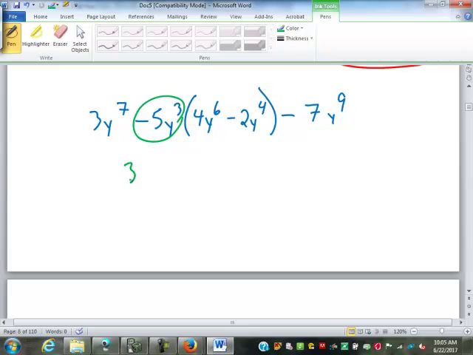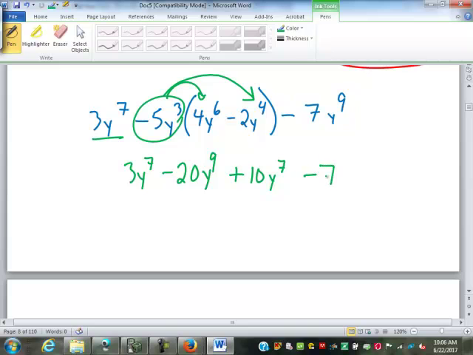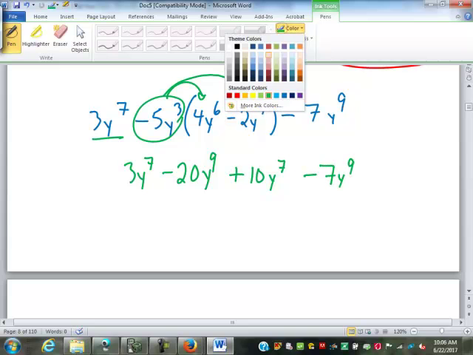So I'm going to leave the 3y to the seventh up front, doesn't change. Negative 5y to the third times 4y to the sixth is negative 20y to the ninth. Very good. Negative 5y to the third times negative 2y to the fourth. Positive 10y to the seventh. Good. Now we've got the negative 7y to the ninth tacked on the end.